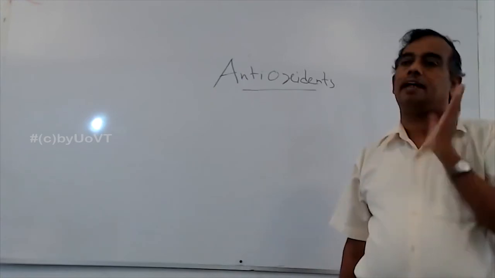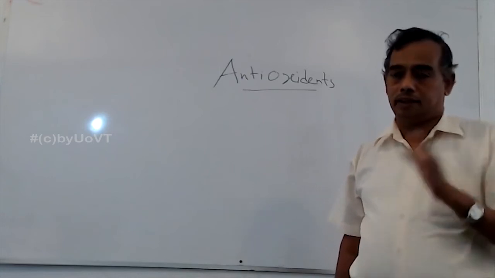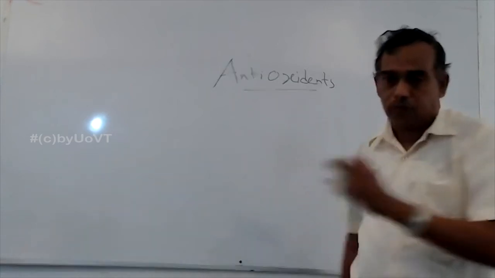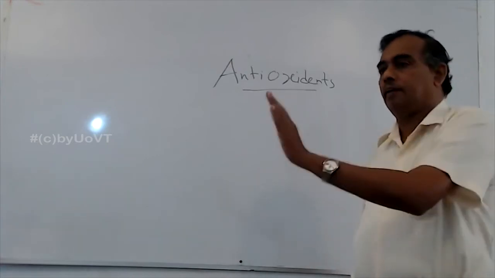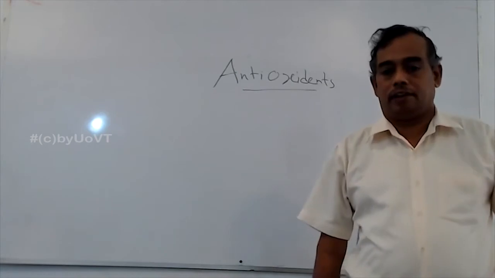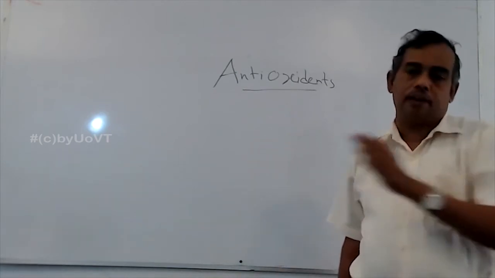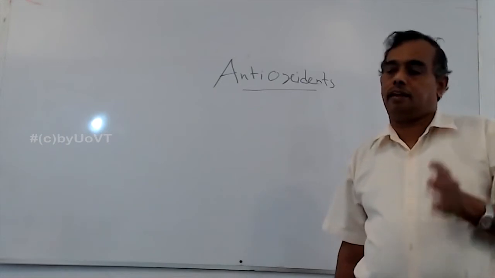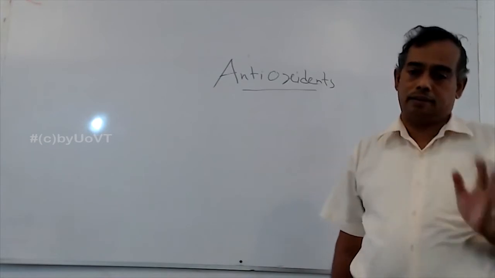Oxidation is this way, and antioxidation is the opposite way. Now we are trying to stop the oxidation. That is the antioxidation process. There are a few types of compounds that help with antioxidation.